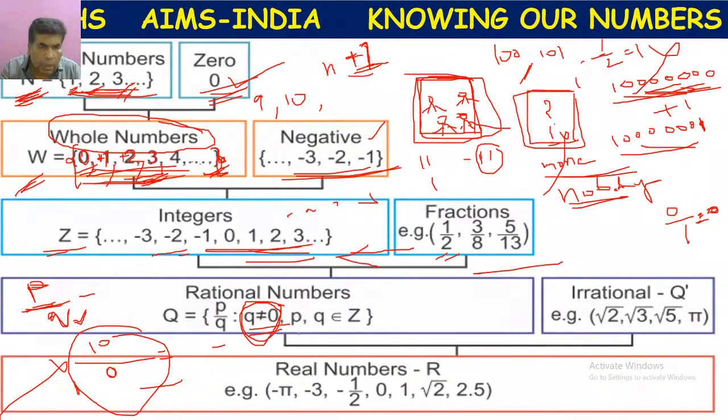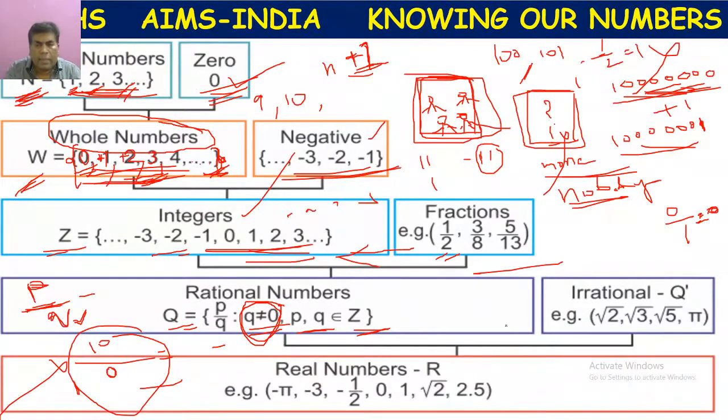And one more thing, P comma Q belongs to Z. Z means integers, so P and Q can take any integer value, like minus 3 by minus 2, minus 1 by 4. We call them rational numbers.